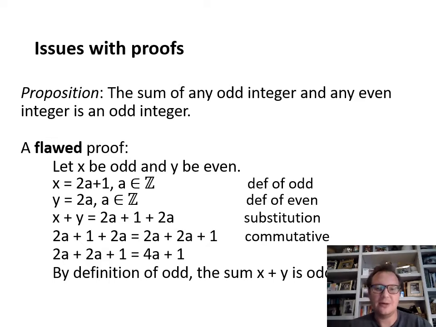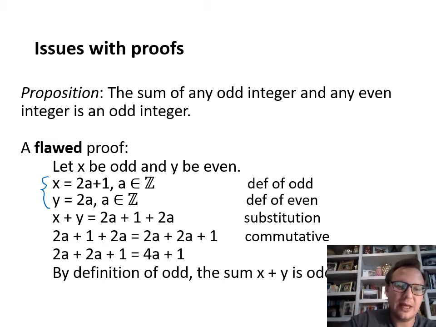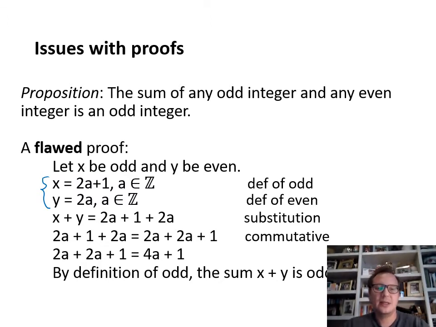The structure looks very similar to the previous proofs. So we assume that x is odd and y is even. We have this in the hypothesis, so that's totally fine. And then from the definitions of odd and even, we specify x and y like this.